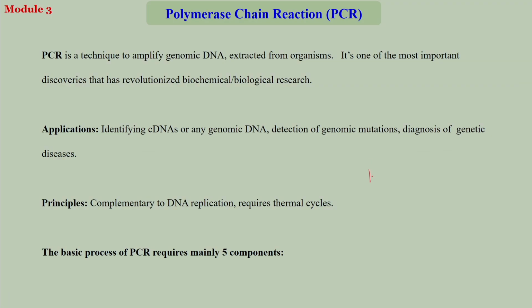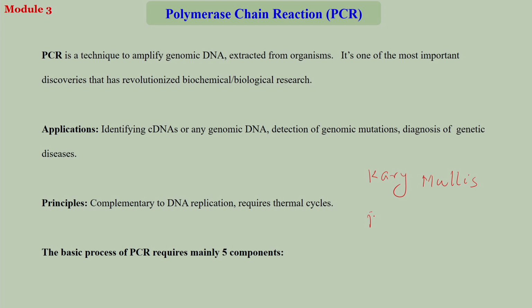The key person who has figured out all the real steps for PCR, polymerase chain reaction, is Kary Mullis. Kary Mullis is the person who developed the whole system of PCR.